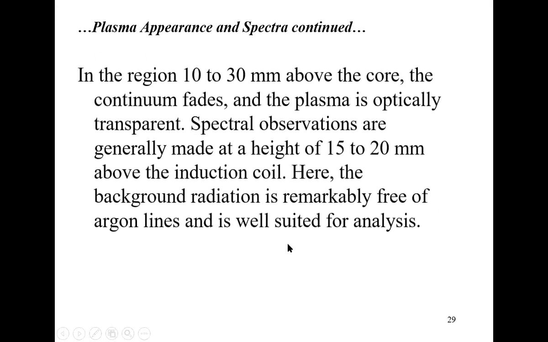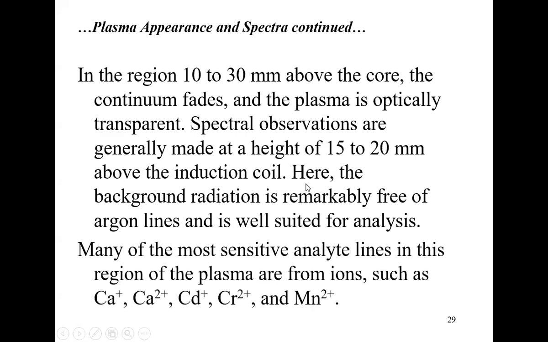Let me go to the next thing. So we have talked about these 10 to 30 millimeters, and then 15 to 20 millimeters above the induction coil. Okay. So many of the most sensitive analyte ion lines in this region, about 15 to 20 millimeters of the plasma, are free from the ions. But you can form ions.